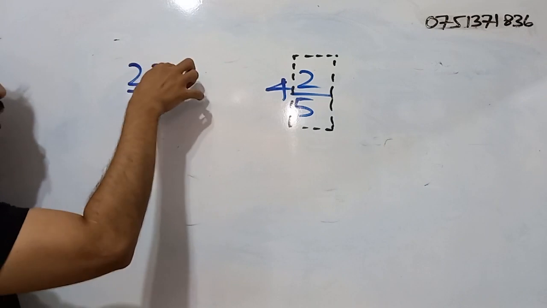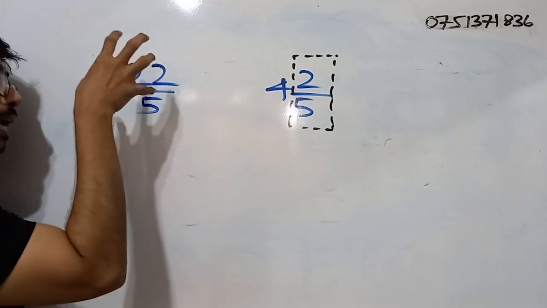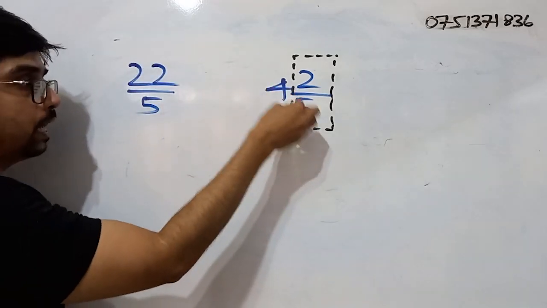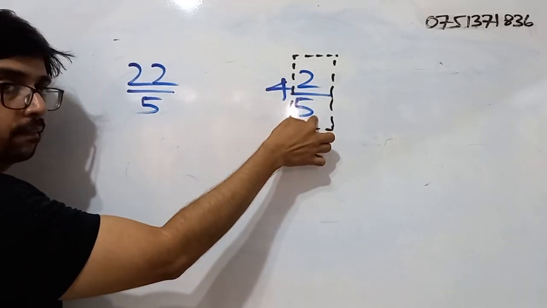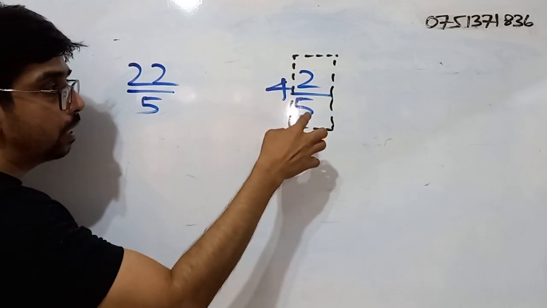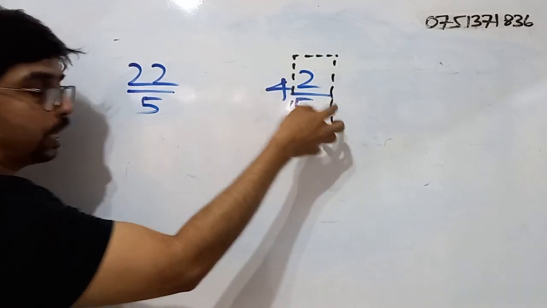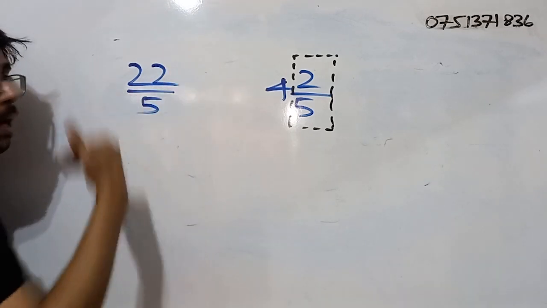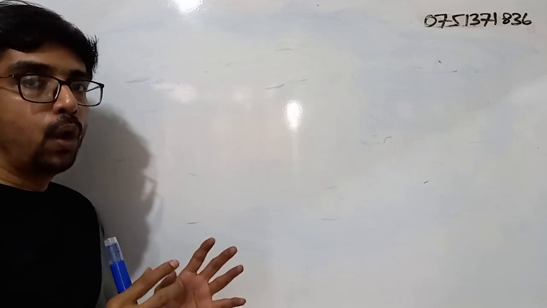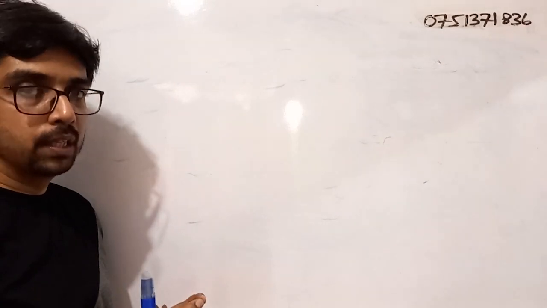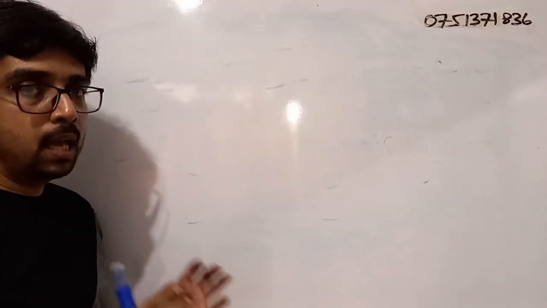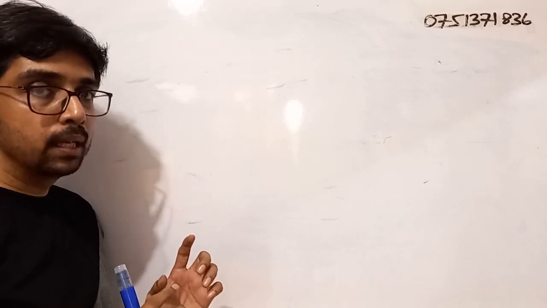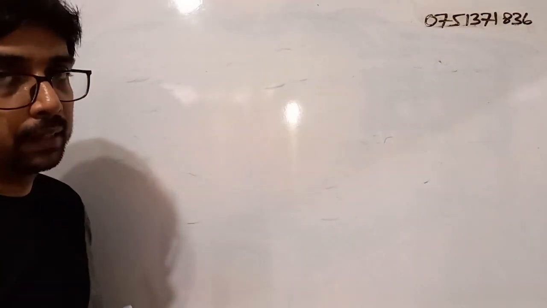If we convert 22 by 5 into a mixed number, it will be 4 and 2 by 5. In the same manner, if we convert 4 and 2 by 5 into an improper fraction, we get 22 by 5. Out of those two conversions, first of all, we will discuss how to convert a mixed number into an improper fraction.